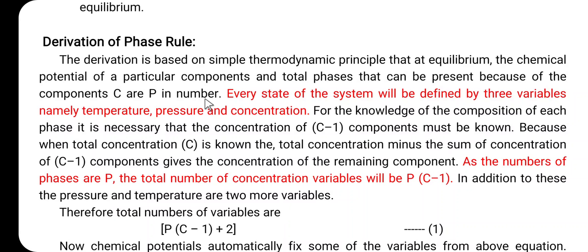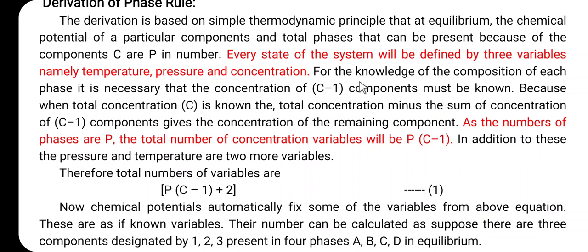present in the system. Every state of the system will be defined by three variables. Which are these three variables? These three variables are temperature, pressure and concentration. Every state of the system is defined with the help of these three variables. For the knowledge of the composition of each phase, it is necessary that the concentration of C minus 1 components must be known.